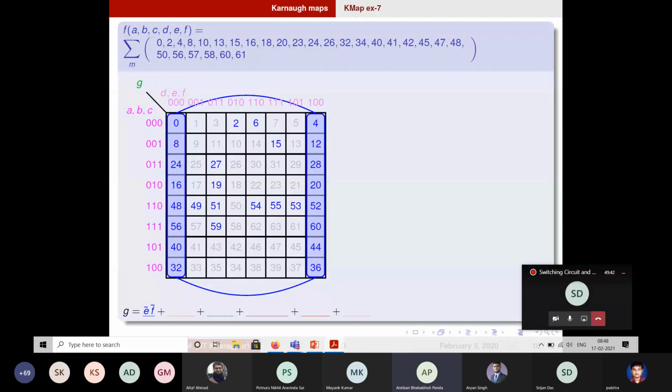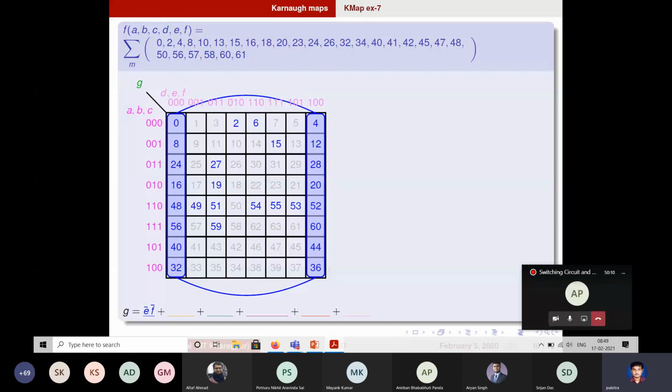So 48, 49, 51, 55, 53, 52. No. 48, 49, 51, but that is not 8. And 55, 53, 52. What else? Oh, sorry, it has to be of the form 2 to the power k cells.